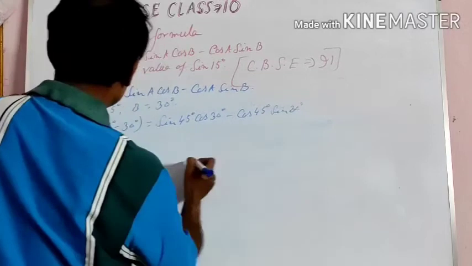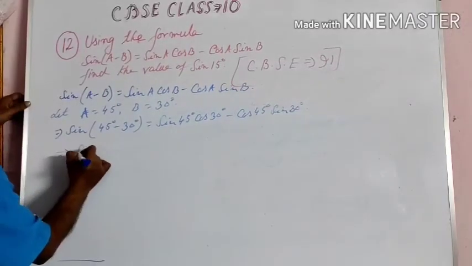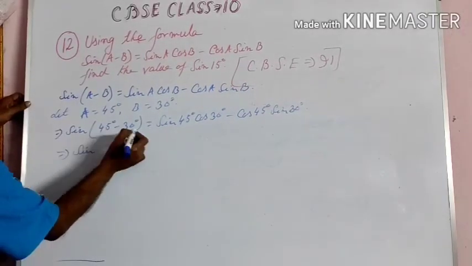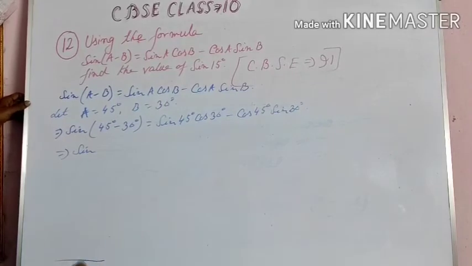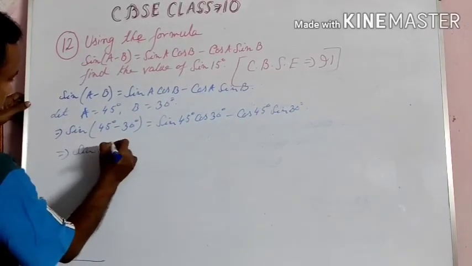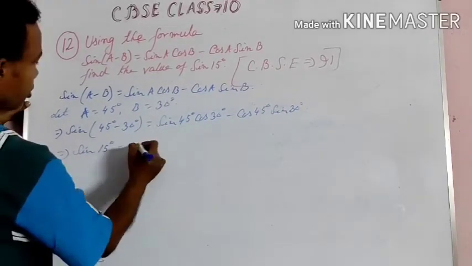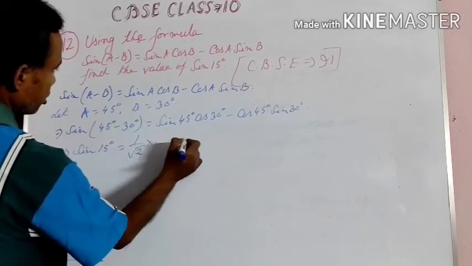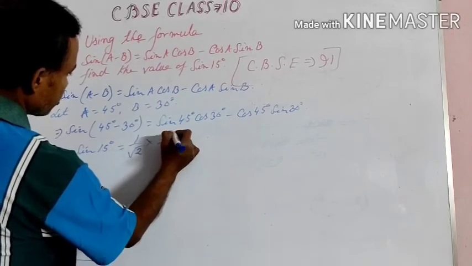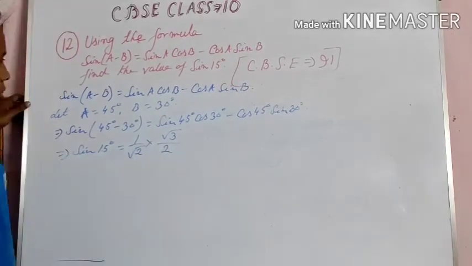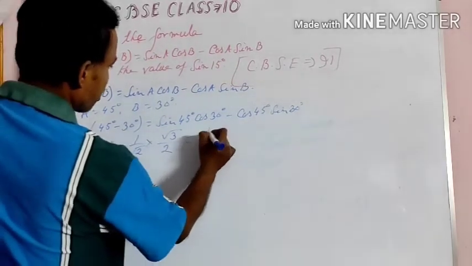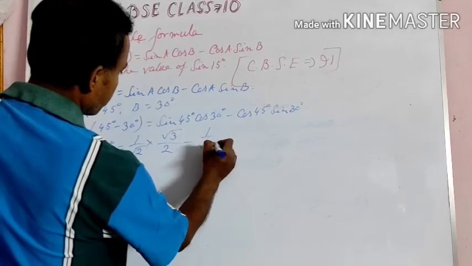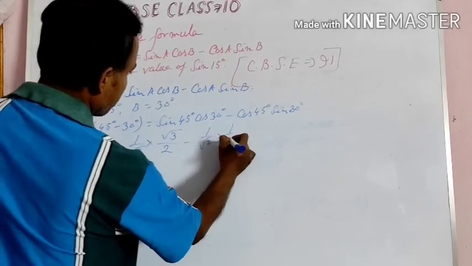So that is sin (45 minus 30) is equal to sin 15 degree is equal to sin 45 degree, value 1 by root 2, and cos 30 is root 3 by 2, already we know it, minus cos 45 is equal to 1 by root 2 and sin 30 is half.